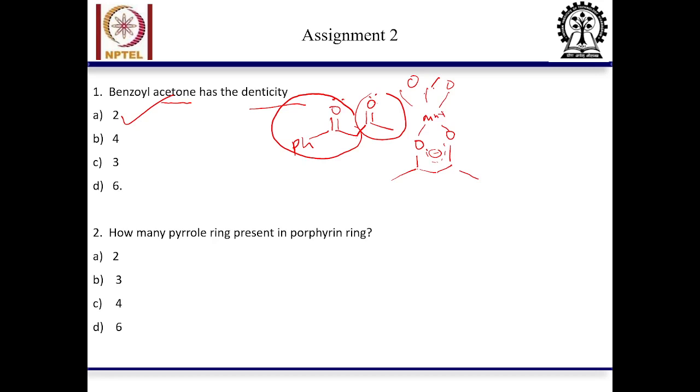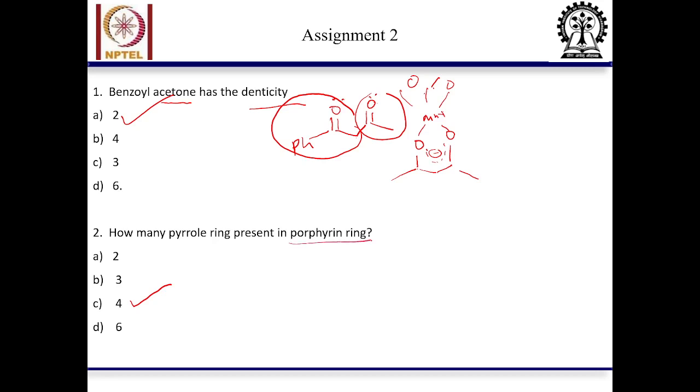Anyone else? Okay. So the correct answer is 4. So 4 pyrrole rings are fused together in a conjugated manner to get the porphyrin ring.